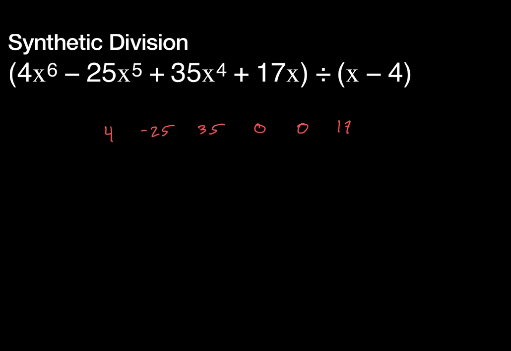And then there's no constant at the end, so that's just 0, because it would be plus 0. So again, this would be 4x to the 6th minus 25x to the 5th plus 35x to the 4th plus 0x to the 3rd plus 0x squared, because there aren't any, plus 17x plus 0.